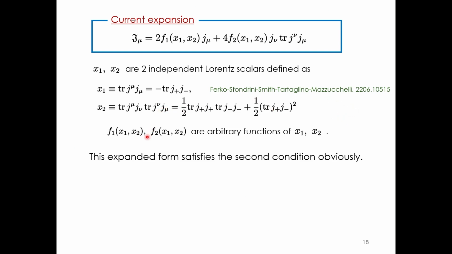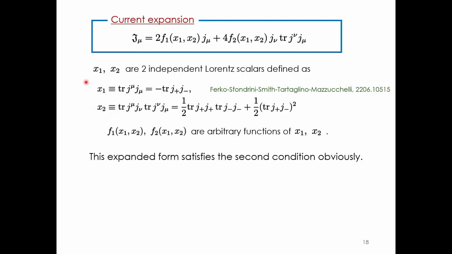By using these two Lorentz scalars and Lorentz covariance, we can expand this curly J like this. The factors 2 and 4 are just conventions, so we do not lose generality. This is the most general expansion of this curly J in terms of x1 and x2. Of course, there are some choices of x1 and x2. This is just a choice of basis.